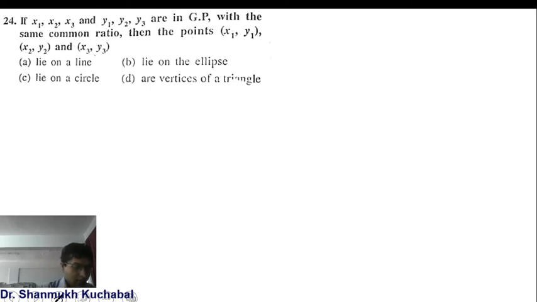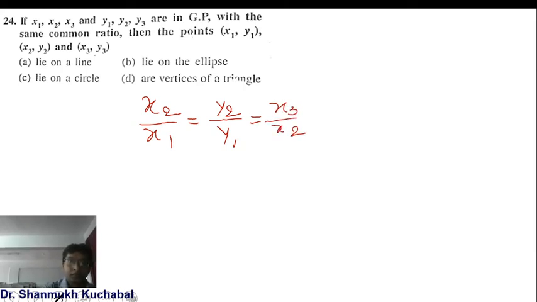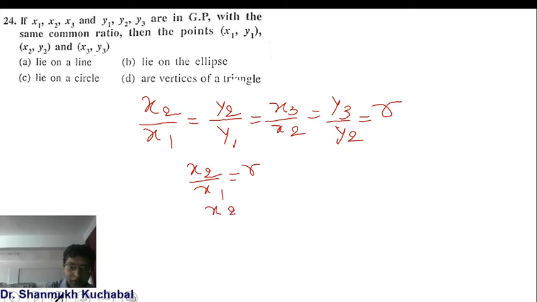So here we will take the ratio from the given data. It is given that x2 by x1, y2 by y1, x3 by x2, y3 by y2 is a common ratio, which we take as R. From the first equation we get x2 by x1 equal to R, so x2 equals R times x1.